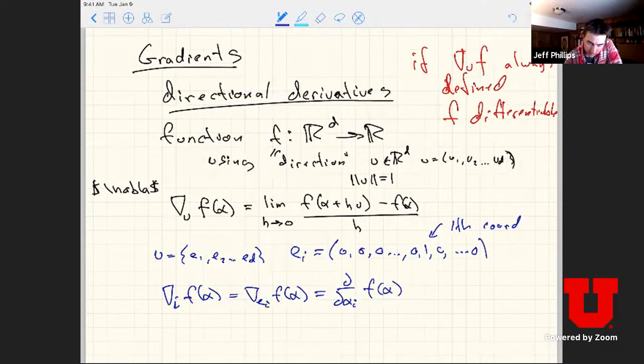Remember, alpha is this d-dimensional vector, the parameter space I'm taking the derivatives over. This gives me the derivative in the ith coordinate. Now I can treat the ith coordinate as the variable alpha i and everything else as constants, so then I can take derivatives.